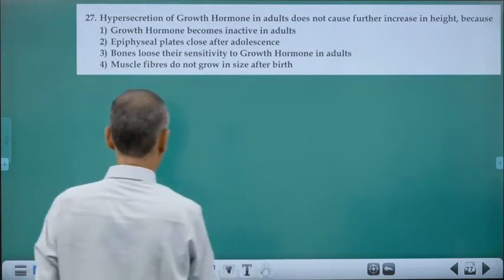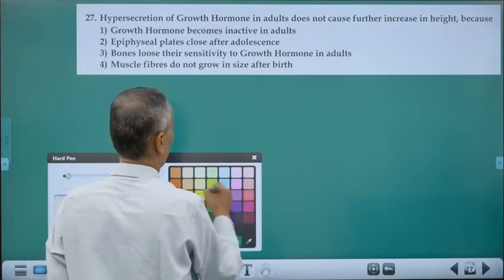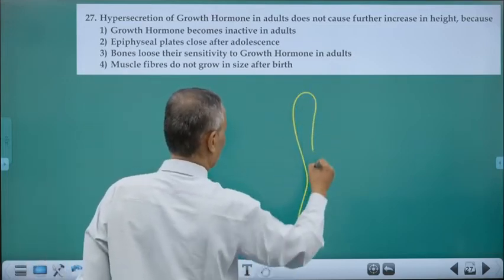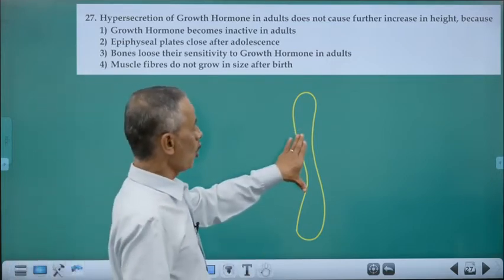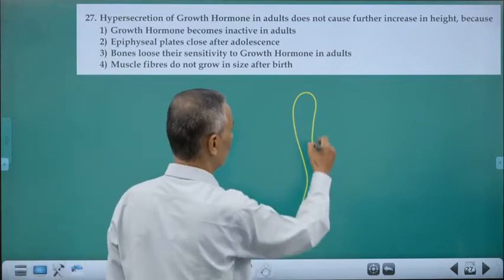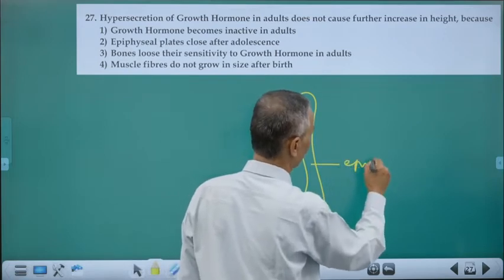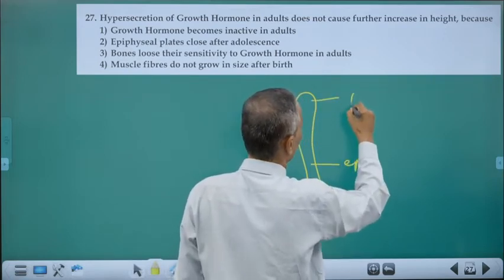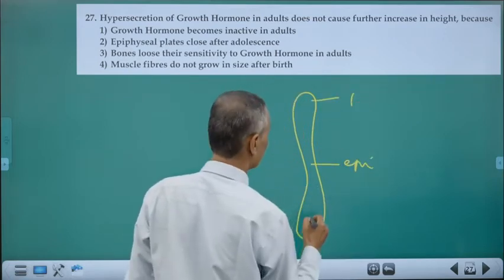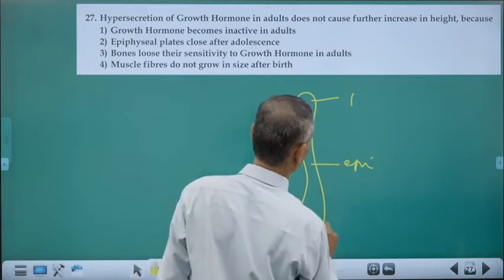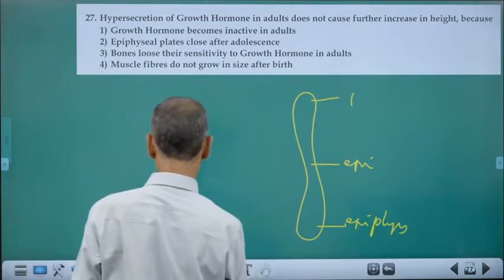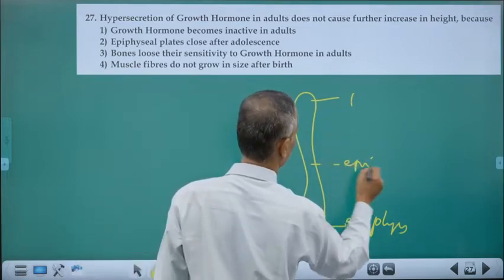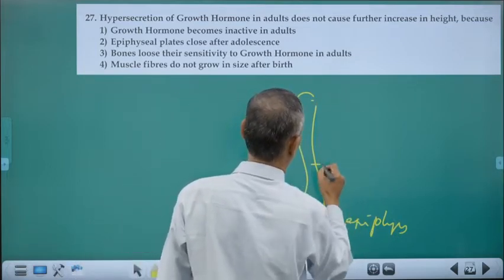Because in human beings and in other animals, the long bones are having two parts. The ends are called epiphysis, and the middle part is called diaphysis.